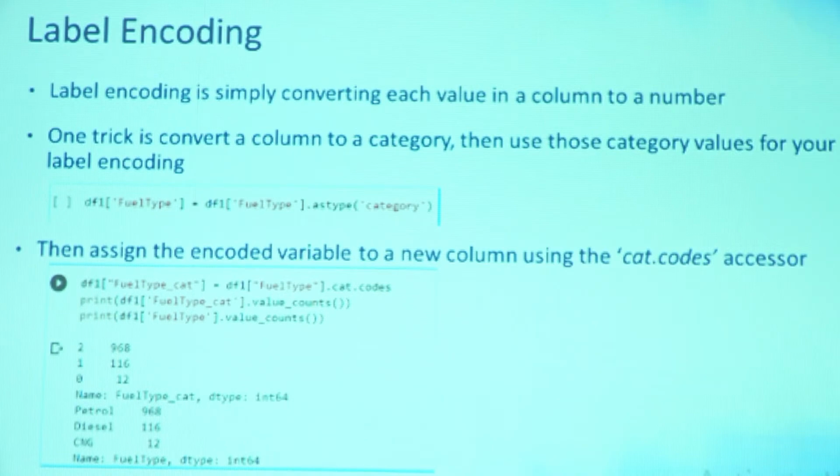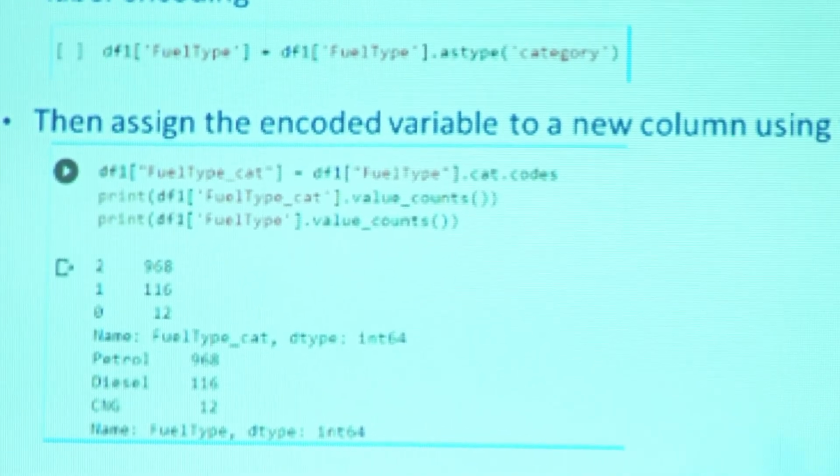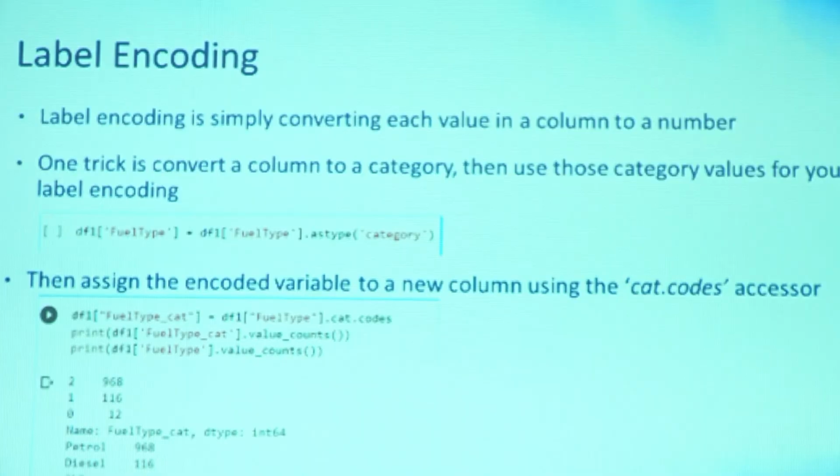What am I doing, guys? Fuel type earlier, if you remember, was int type. I changed it to object, because directly I cannot change it to category. So now I am changing it into category because I want to label it.